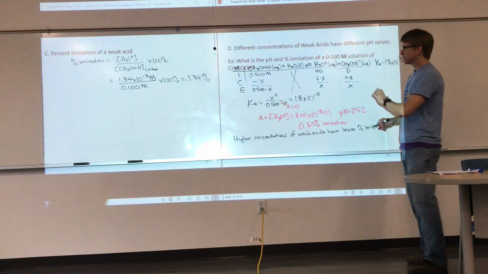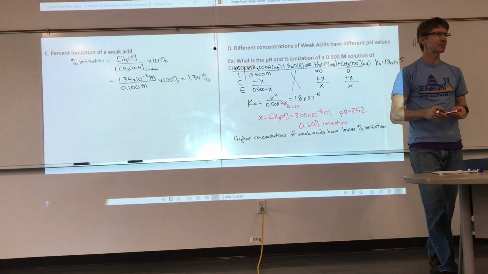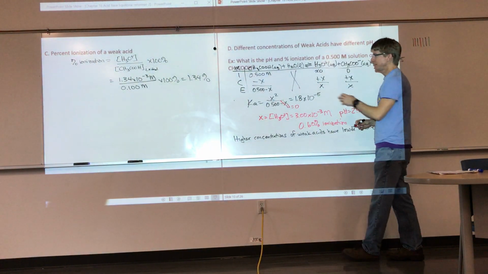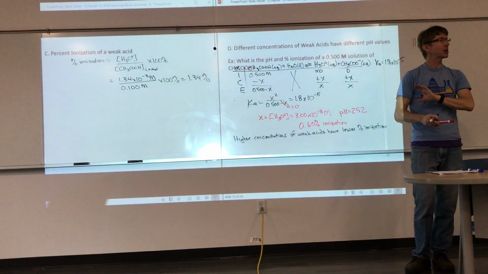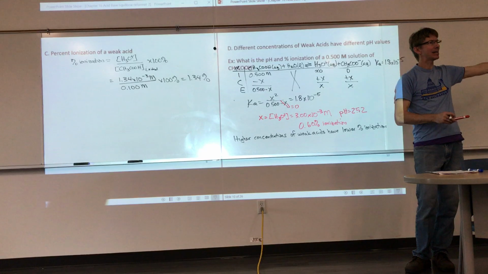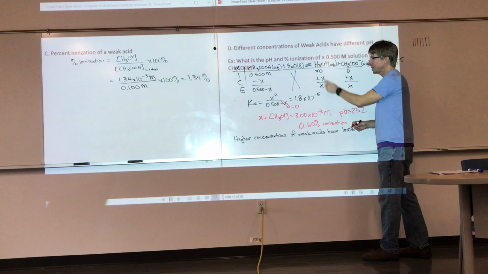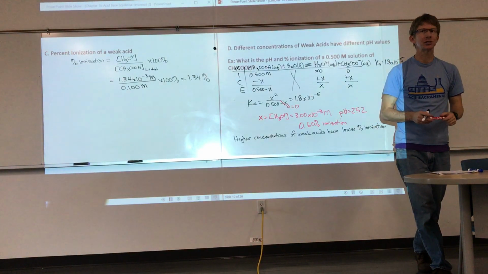The one that was 90% of the time had x's in it, and we were solving for the equilibrium concentrations. The less than 10% kind, you had numbers for the changes, and you could calculate the equilibrium concentrations, and then from that, K. If I give you the pH, you can know the equilibrium concentration of hydronium and work backwards to K. Good question.